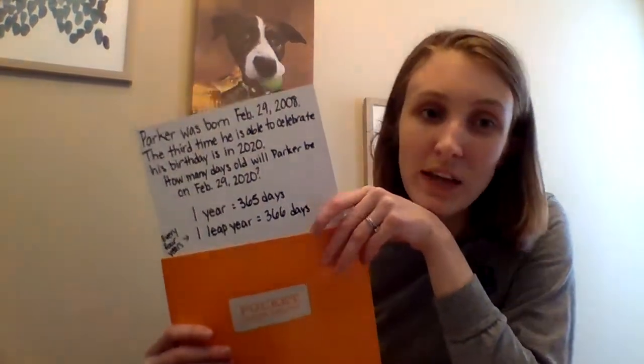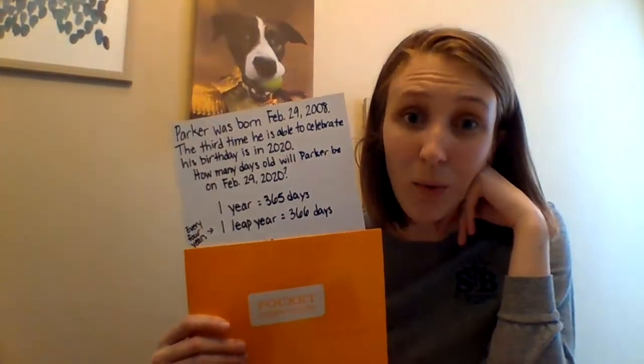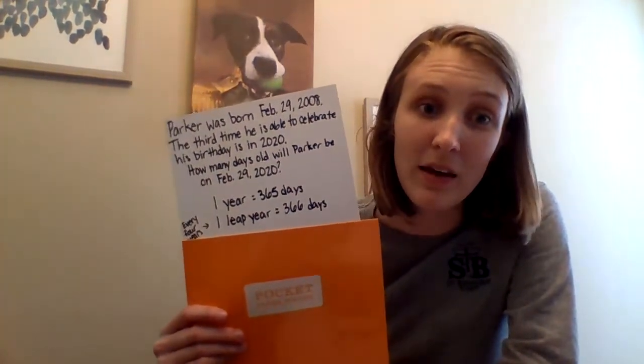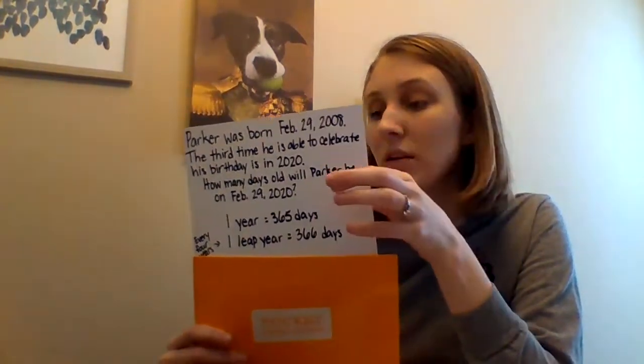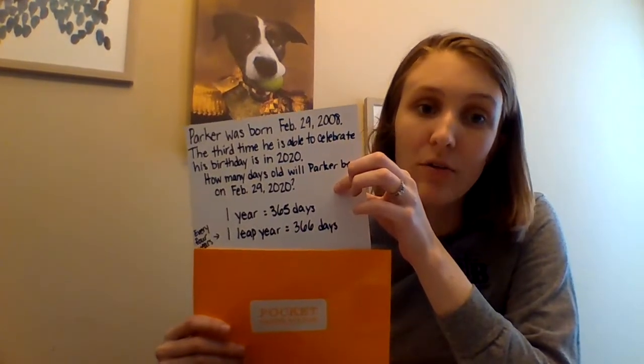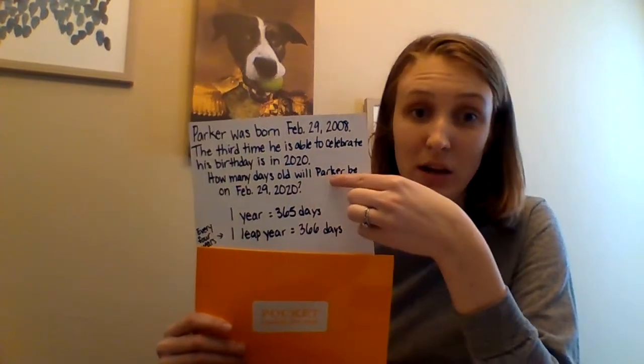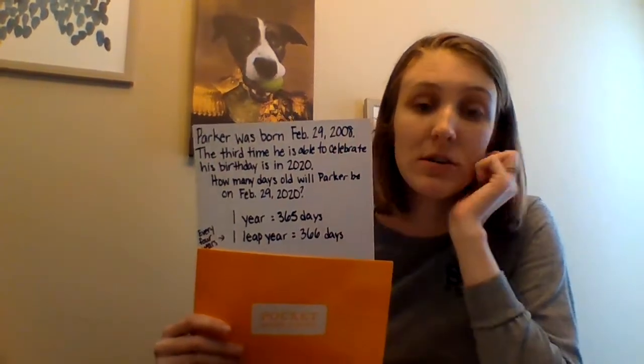So the first thing I want to do is find out how many years old he will be by that date. So do 2020 minus 2008 to figure out how many years old he would be by that time.